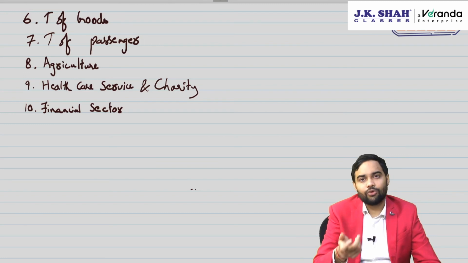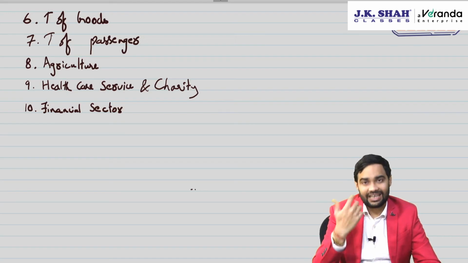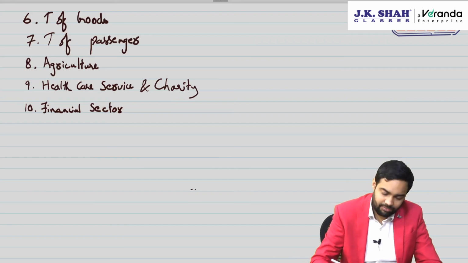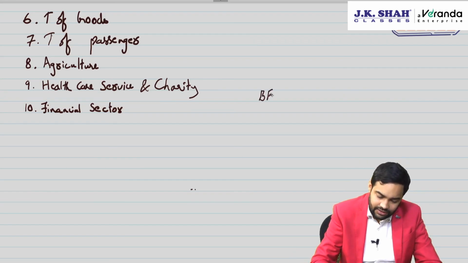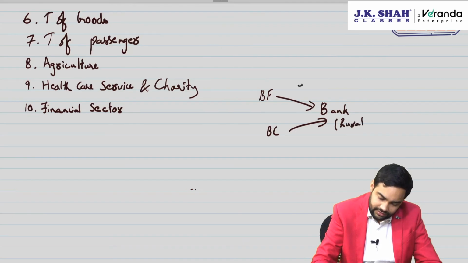Then opening a bank account under Pradhan Mantri Jan Dhan Yojana, it's called as basic saving bank deposit account. Any charges on that is also exempt. Business facilitator, very important entry. Business facilitator providing services to bank. Business correspondent providing service to bank. If it is for rural area branch, then this is also exempt.